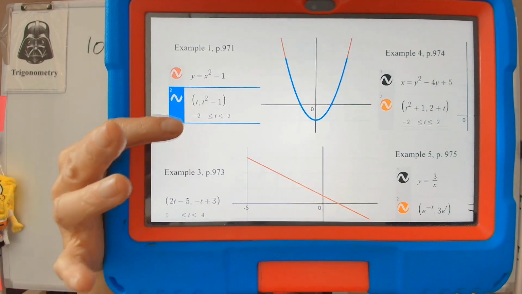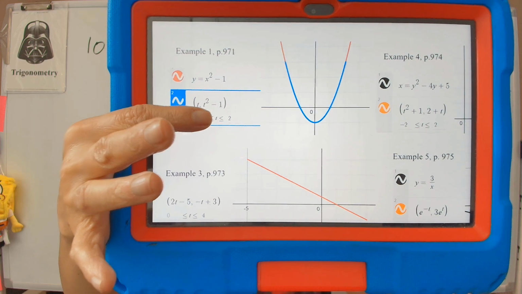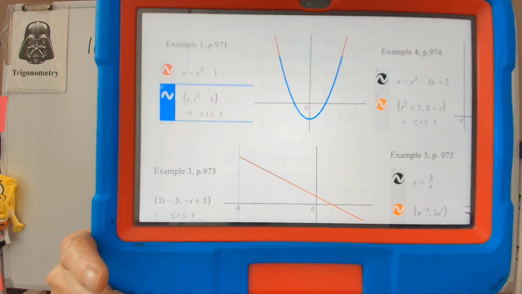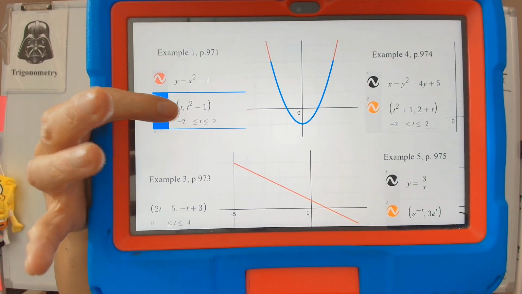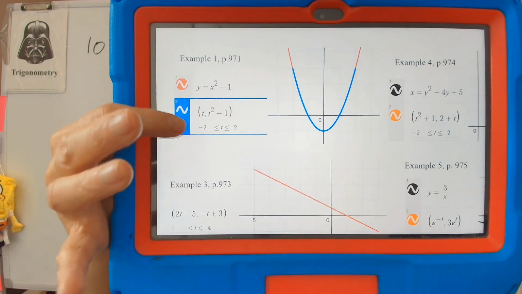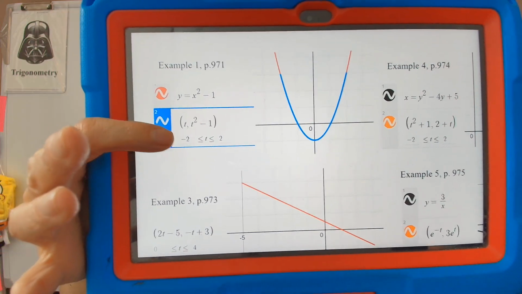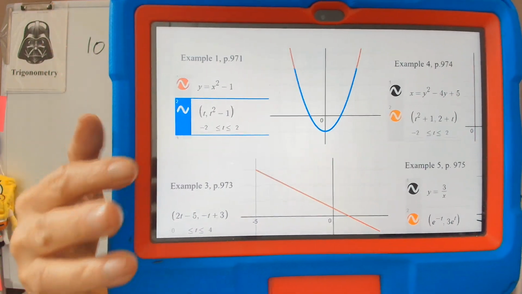What we did in example 1 is let x equal t and y equal t squared minus 1. As you can see, when you type it in with the parentheses, the first one is the x position, the second is the y position, and I had t go from minus 2 to 2. The blue curve is right on top of the orange curve.